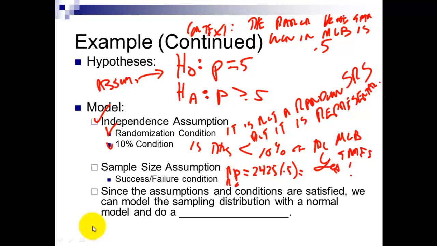And n times q. Notice I'm not using p hat or q hat. They're both going to be the same, because I'm using 0.5 for each. And you get 1212.5. Those are both greater than 10. So we have checked out that condition.